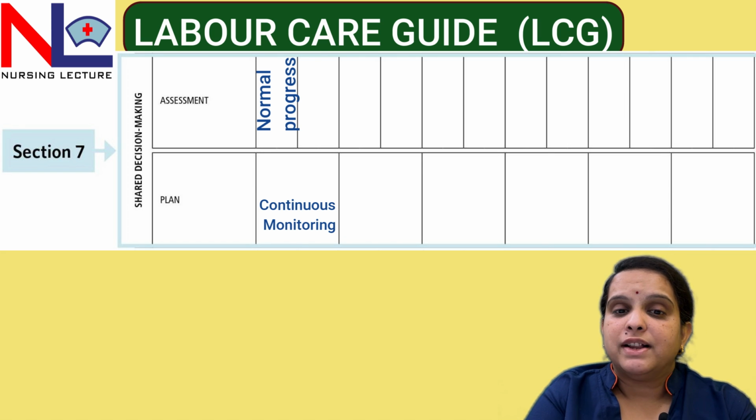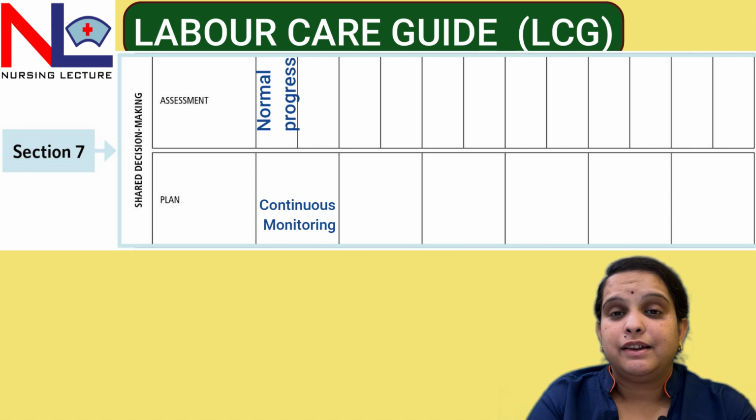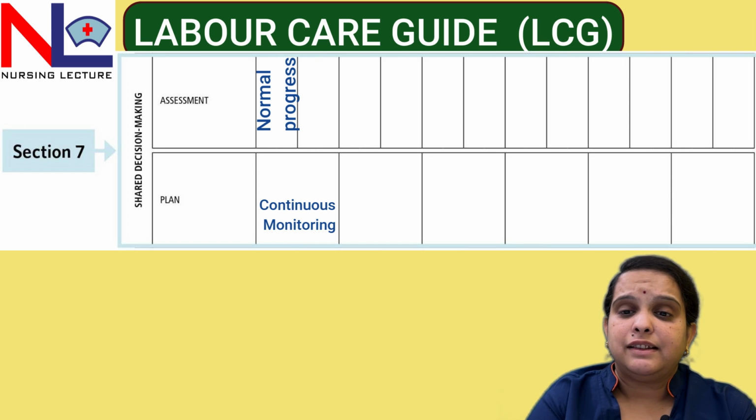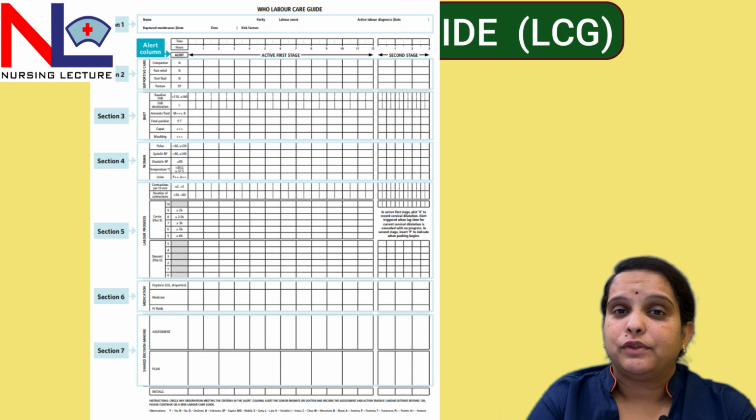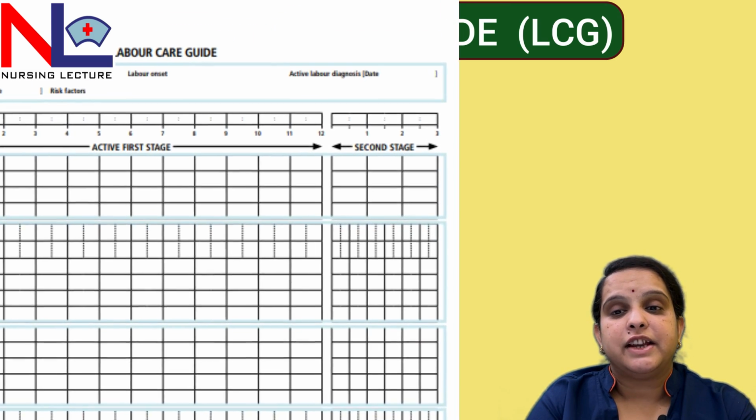But once all the findings are going very easily and the cervical dilatation also reaches the 10th centimeter without any further complication, then on the right side you can see that there is a second stage as well.